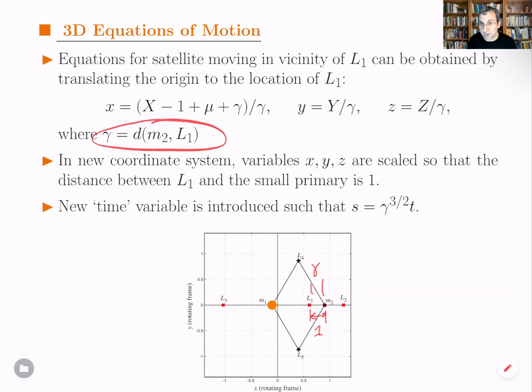That's the distance between M2 and L1, and then we're dividing by gamma in all of the directions. So in this new coordinate system, we're using little x, y, and z. There's also a new time variable that we introduce, and it's going to just scale as gamma to the 3/2. We're doing all this so that we can write the equations in a nice way.